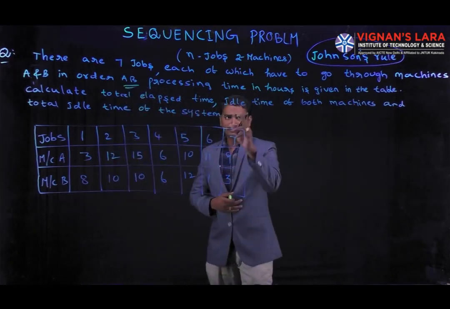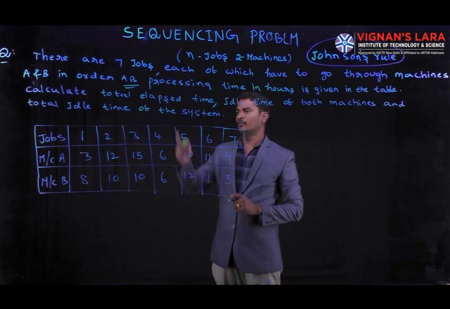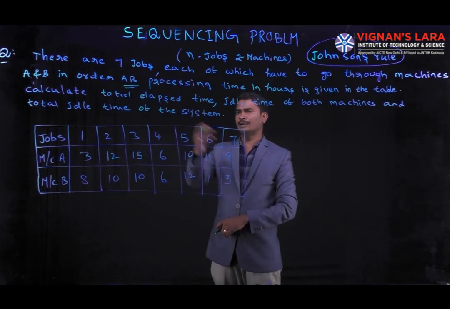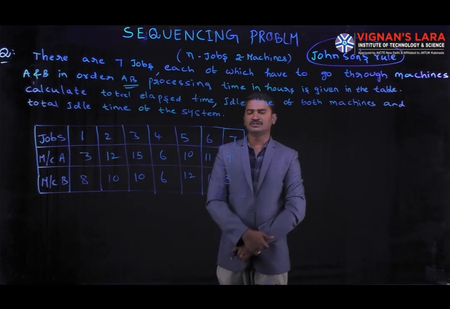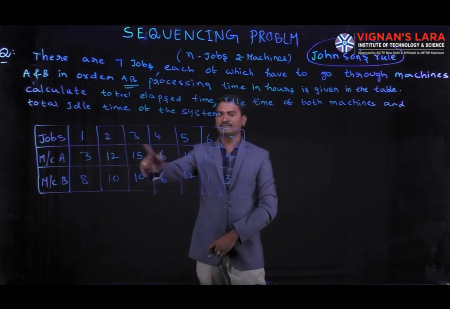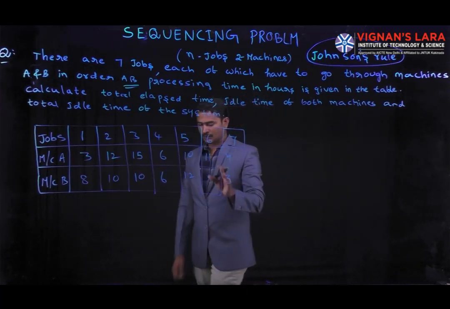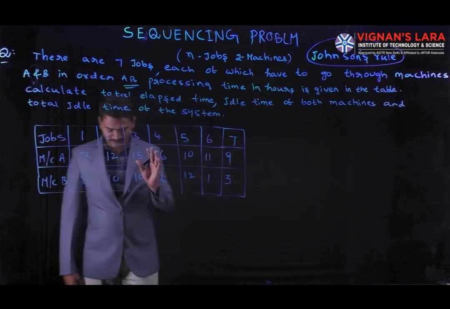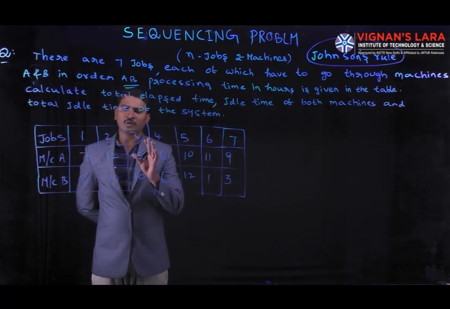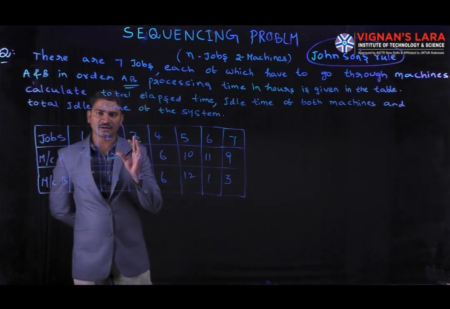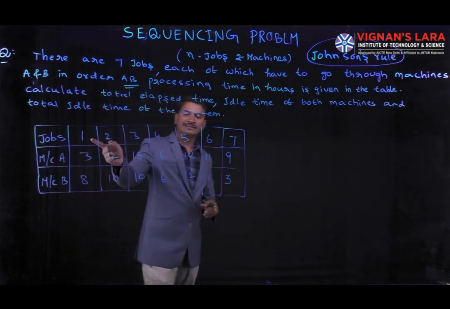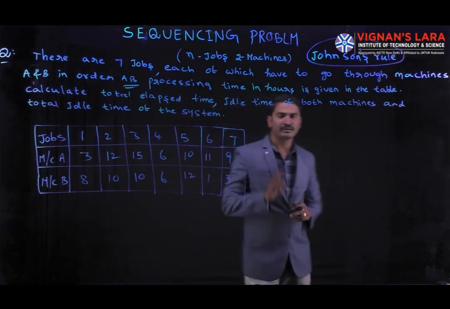They are asking us to find the total elapsed time and idle times of both machines, and the machining hours are given. First we are going to solve this problem by taking the optimal sequencing of jobs, because we have 7 jobs.